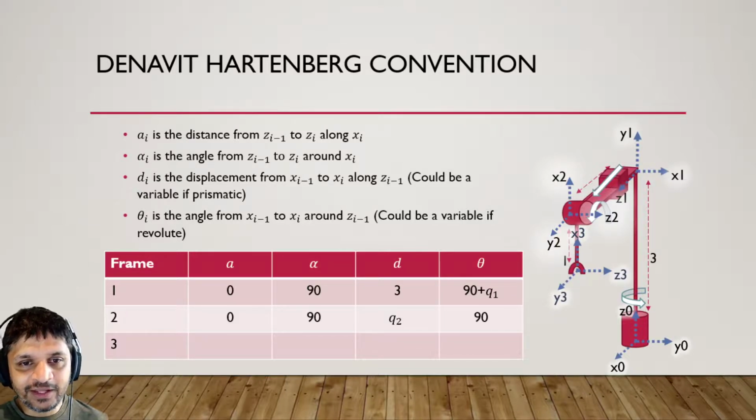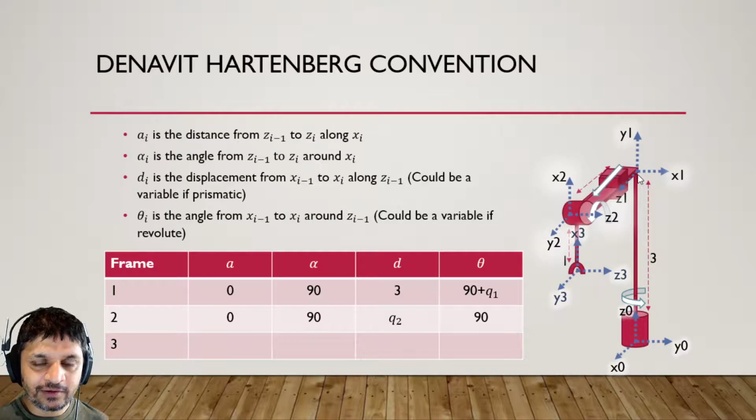And then if I look at the next joint, so from here to here, ai is the distance along xi, right? So this is xi. So based on this xi, what's the distance between this reference frame and this reference frame, in this direction? 0, right? Because we don't actually move up, we move sort of across here. So ai is going to be 0.